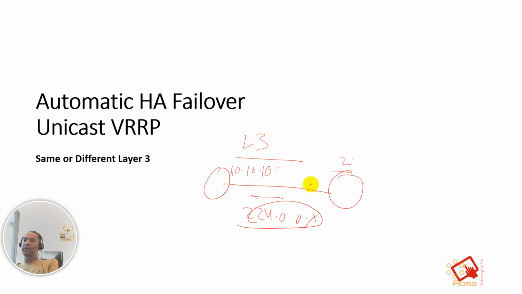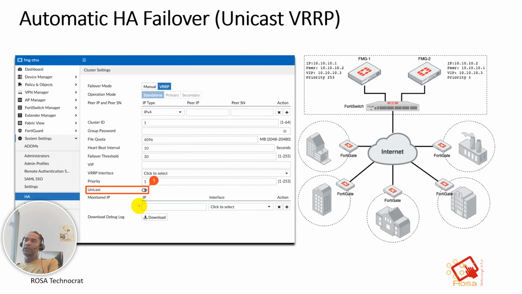So the VRRP advertisement will be sent as a unicast rather than a multicast. That's the only difference. Rest everything works the same. For that, you have to enable this unicast and select the monitored IP.